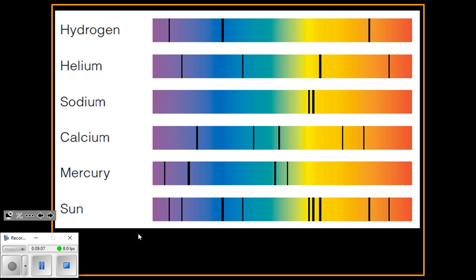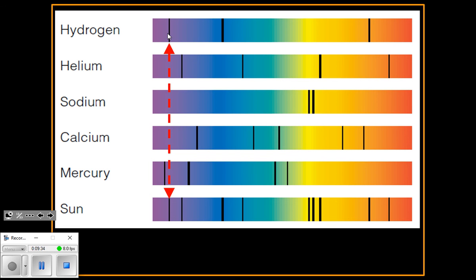So let's take a look at our sun. So here is the dark line spectrum that is produced by our sun. Let's take this first line right here and see where it matches up. Nothing from mercury, nothing from calcium, nothing from sodium, nothing from the element helium. Oh, look here for hydrogen. So for hydrogen, that's what that line would possibly be there for.